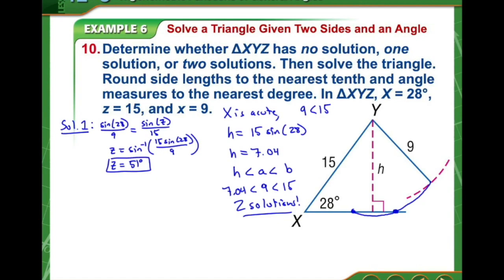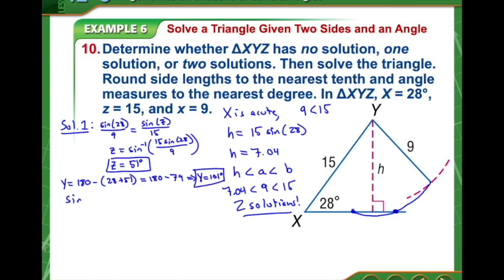So now we have angle Z, we have angle X already. So Y is going to be 180 minus the sum of those two, 28 and 51, which is 180 minus 79, or Y, capital Y, is equal to 101. And now the last thing we need to do is find side y.